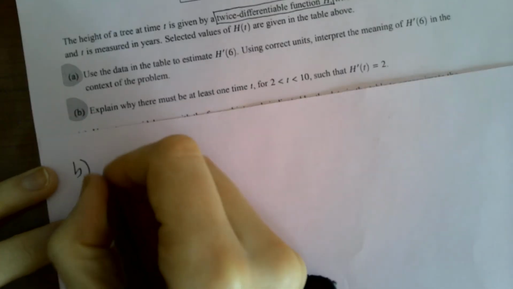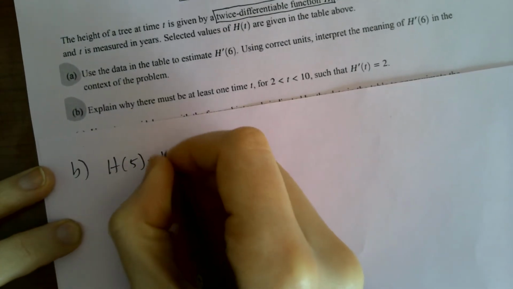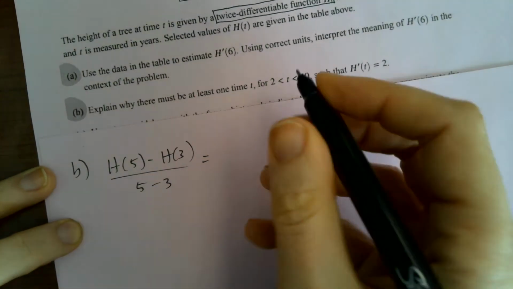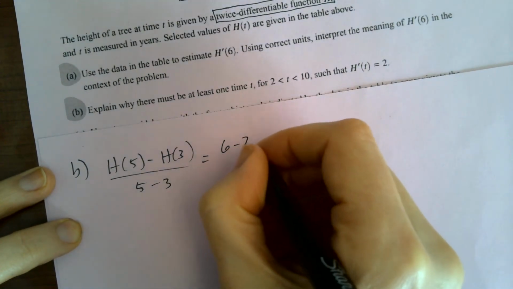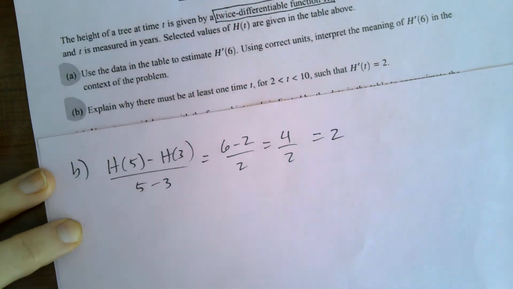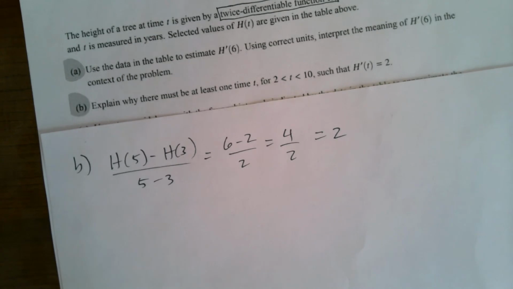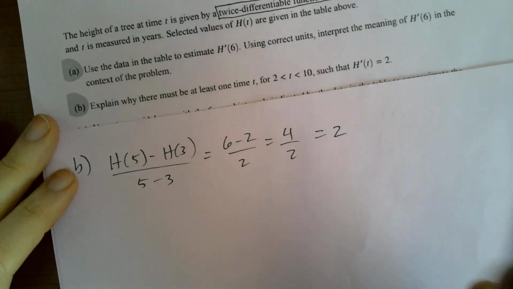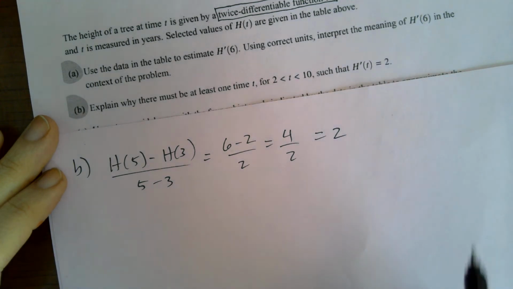Okay, so h of 5 minus h of 3, all over 5 minus 3. This is 6 minus 2 over 2, 4 over 2 equals 2. Okay, so I got that. My average rate of change is 2. And now I can jump right into it.